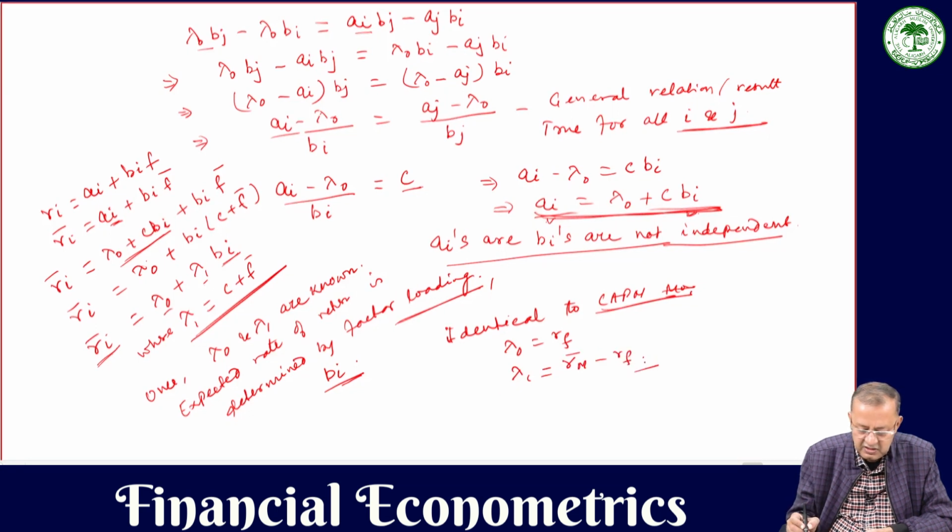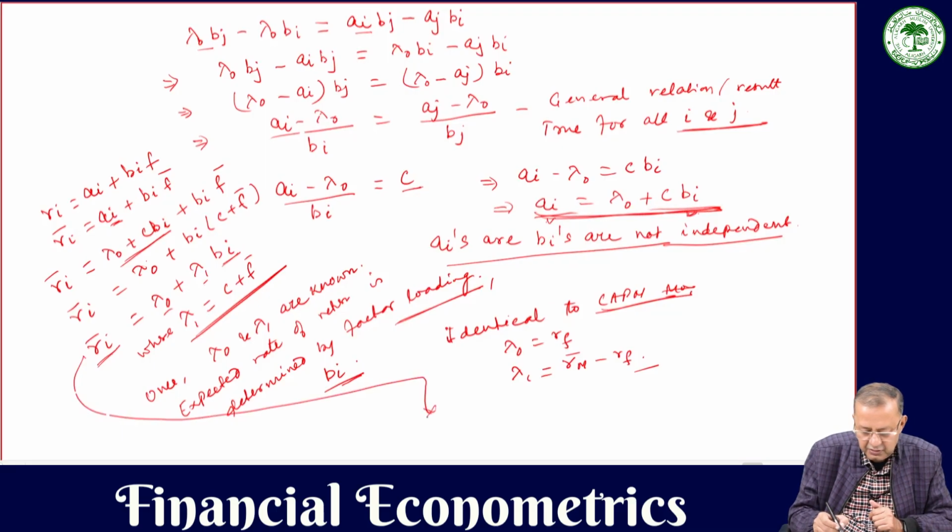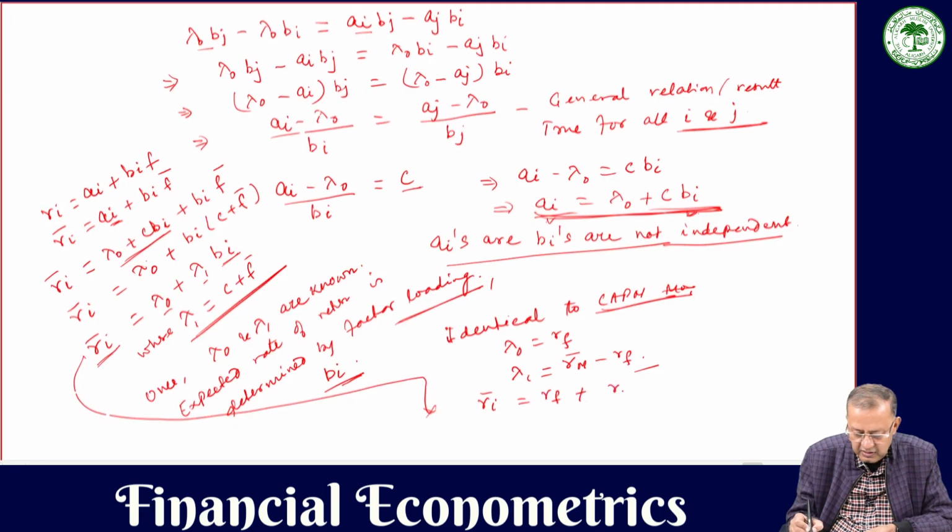So if it is this equation, Ri bar can be written as RF plus RM bar minus RF into BI, or Ri bar minus RF equals BI into RM bar minus RF.